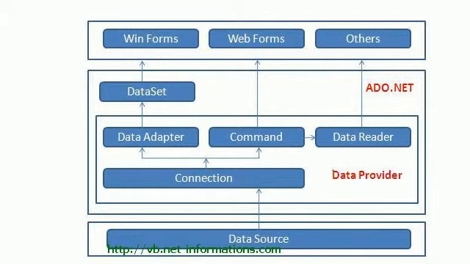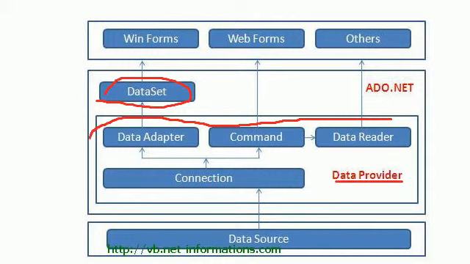This is the ADO.NET architecture, and we have a data provider here, and we have a dataset. So the dataset and the data provider are the two key components of ADO.NET. And of course we have the database here, and we have Windows Forms, as you can see here, web forms, and other stuff. So basically it consists of the dataset and the data provider.